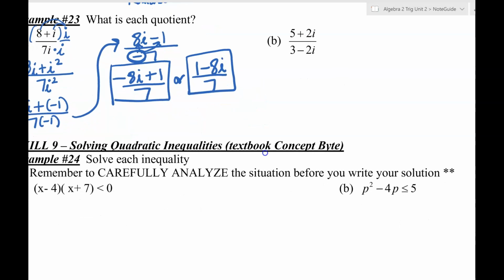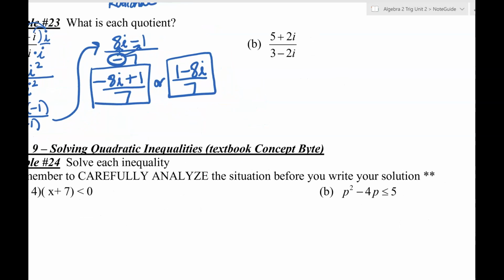In part B, we want to do the same thing. It's a little more complicated because of the two pieces here, and this is where the conjugate will come in handy. We know that we can convert a complex number with both a real and an imaginary portion into a real number if we multiply by the conjugate. And again, you can do that in the denominator of the fraction, as long as you also do that in the numerator so that you're really just multiplying by 1.